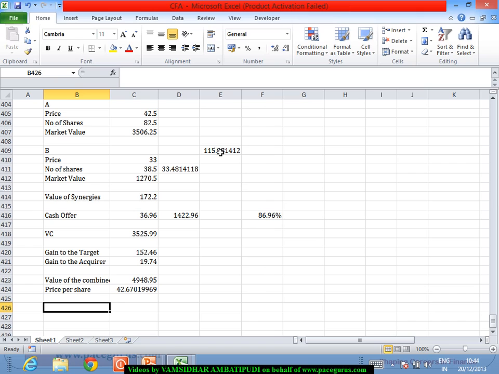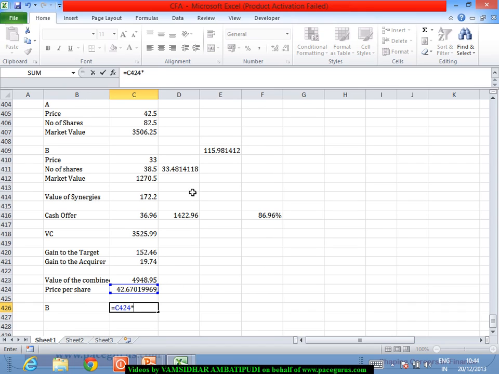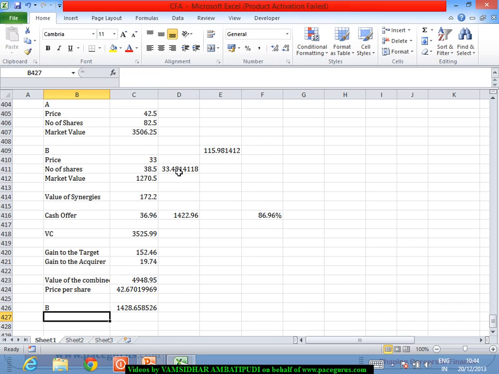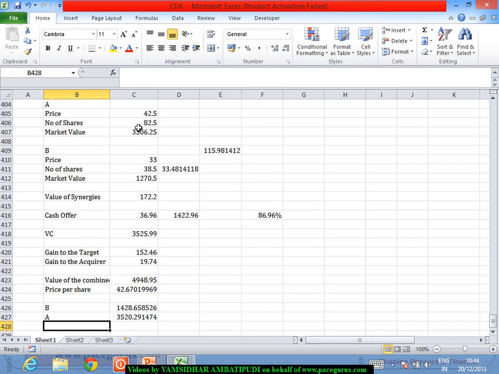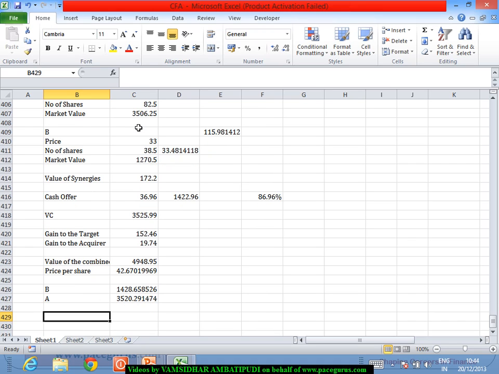So I could look at what B is going to get: 42.67 per share into 33.48 million shares. So B is going to get 1428 million, and A is going to get, this is price per share multiplied by this much, 3520 million.